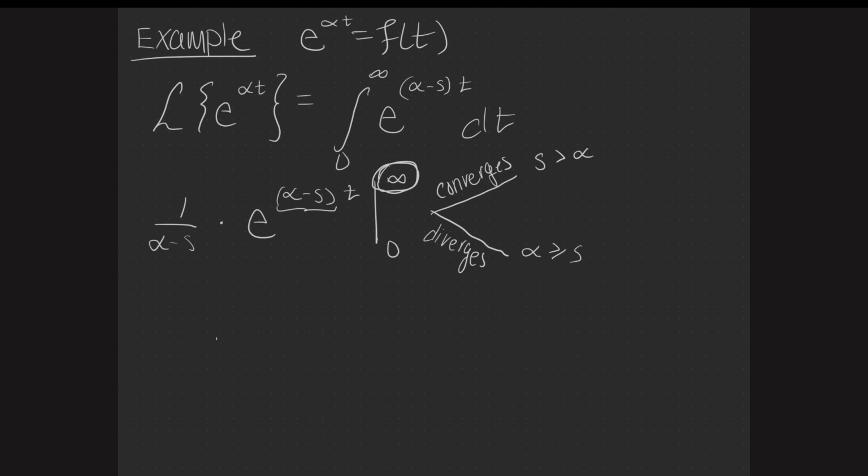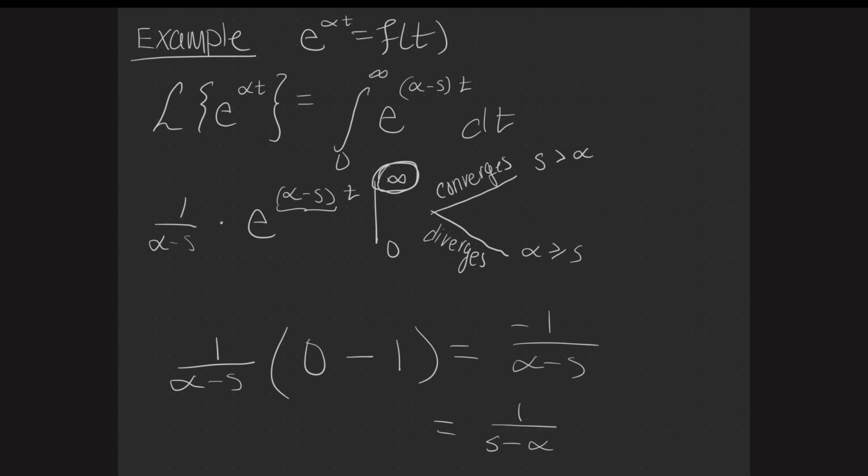So evaluating this is just going to give us 1 over alpha minus s times 0 minus, and then e to the power of 0, which is going to give us 1. This is just going to be equal to negative 1 over alpha minus s, which is equal to 1 over s minus alpha.